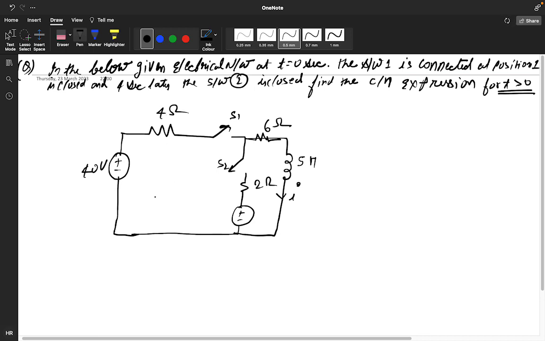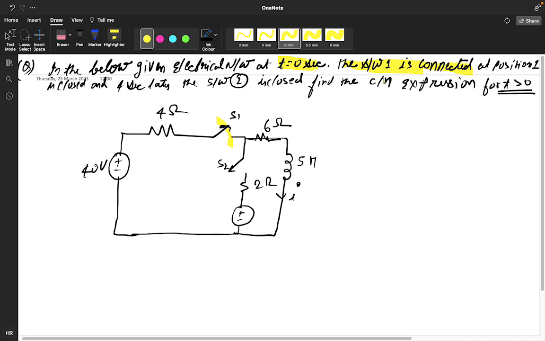What I want to say is, in the below given electrical network, at t equals 0, switch S1 is connected at position 1, and position 1 is closed.